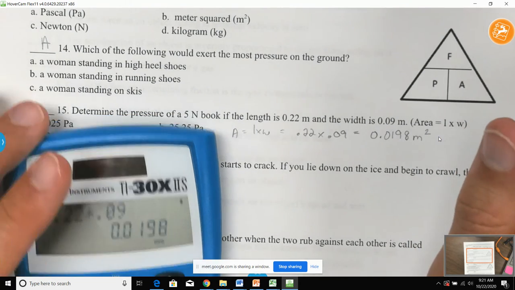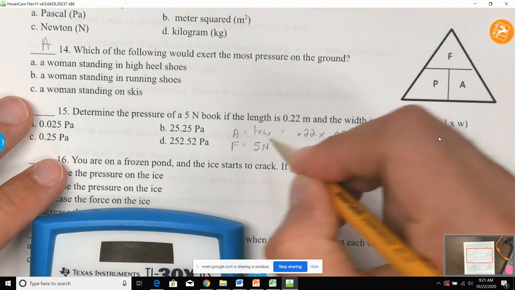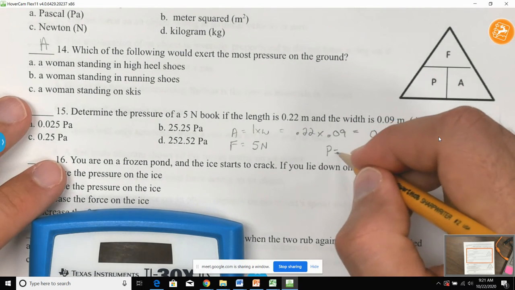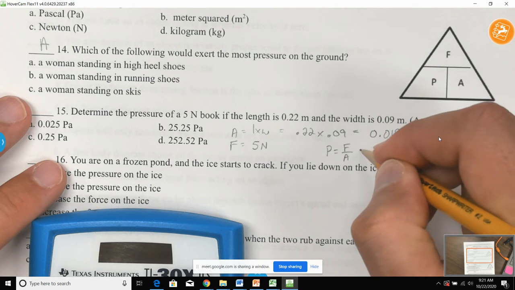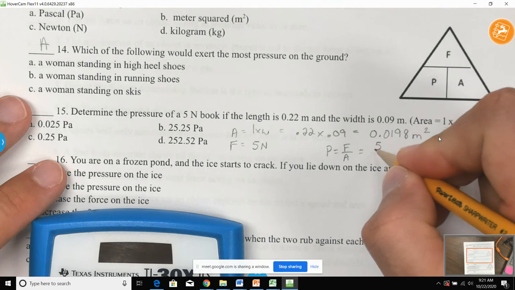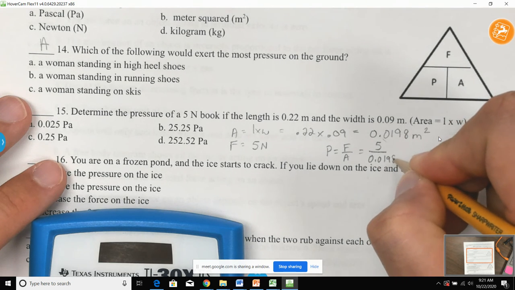Cool. Force is 5 newtons. And so pressure, yep, force divided by area. So we're doing 5 divided by this number here, 0.0198.